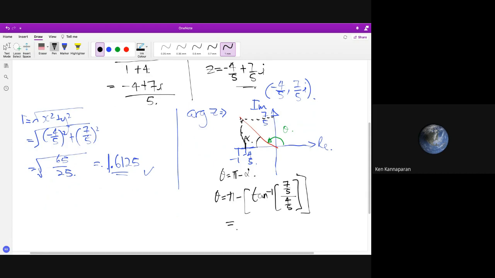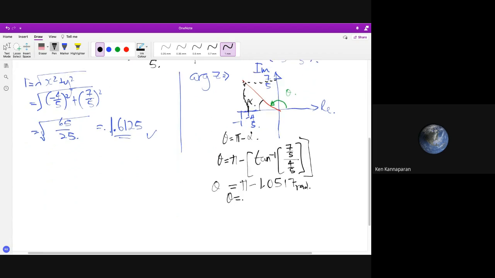Looking at this here, the inverse tangent of 1.4 divided by 0.8 gives 1.0517 rad. So pi minus 1.0517, we got theta as 2.0899, which to 3 significant figures is 2.09 rad.